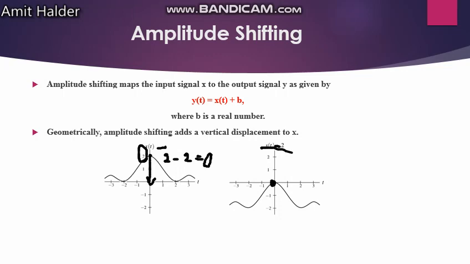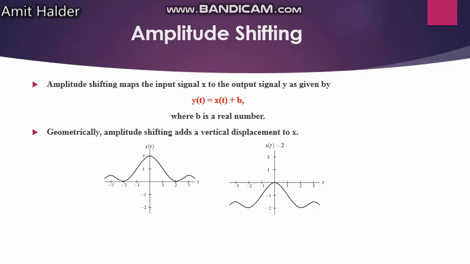Think of it: in minus 2, that is a 0 position. So 0 minus 2 is equal to minus 2. That means the value will be shifted down to minus 2. Look at it, that goes down. If it is plus 2, that will go up, like this.